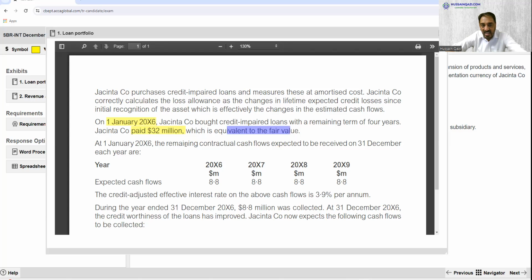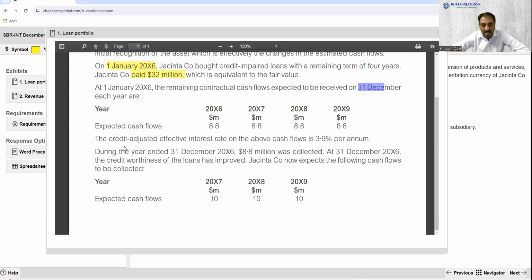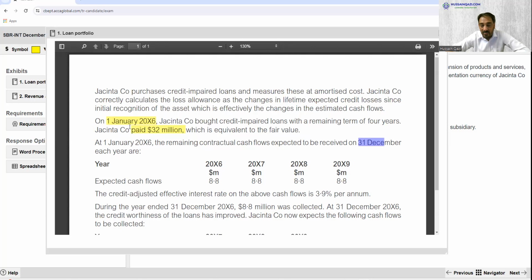At 1st January X6, the remaining contractual cash flows are expected to be received on 31st December each year. Once they were purchased, the remaining contractual cash flows are 8.8, 8.8, 8.8 and 8.8.